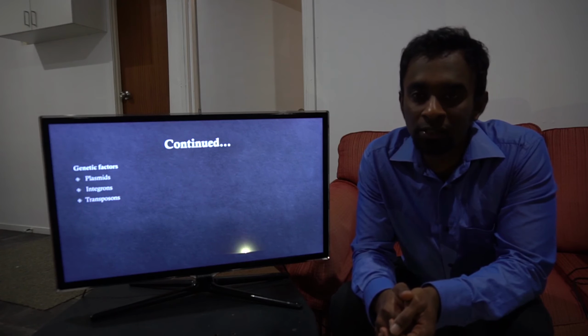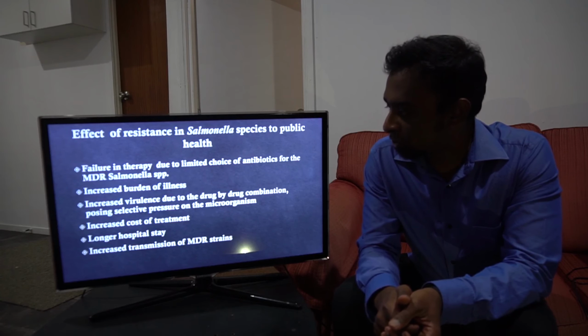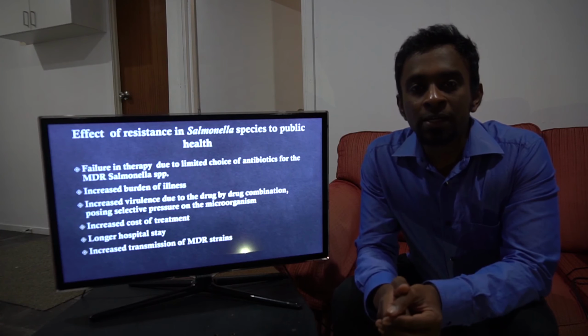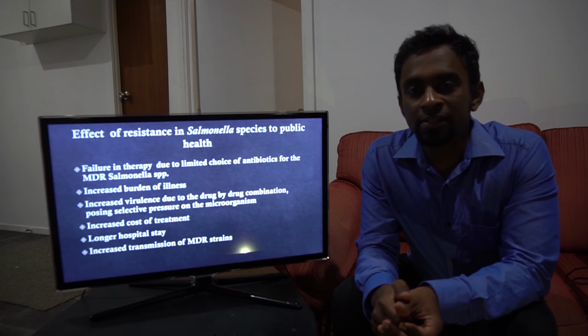Effects of resistance in Salmonella species on public health. Failure in therapy due to limited choice of antibiotics for MDR Salmonella species. There are very limited antibiotics for MDR Salmonella. Once it becomes resistant, it is difficult to treat with another antibiotic. Increased virulence due to drug combination, posing selective pressure on the microorganism. Drug combination could increase the virulence of the microorganism.